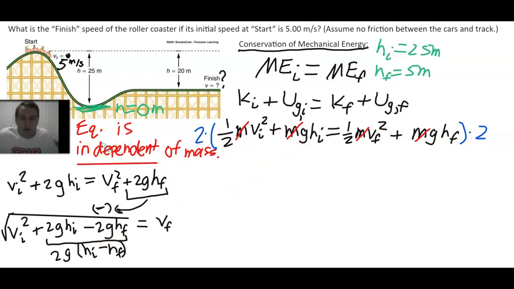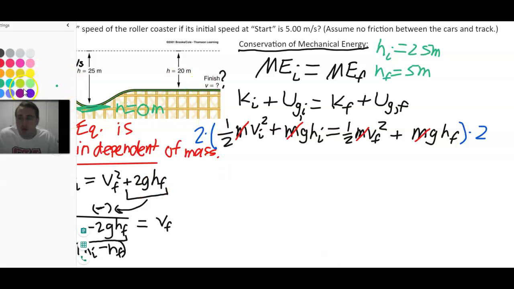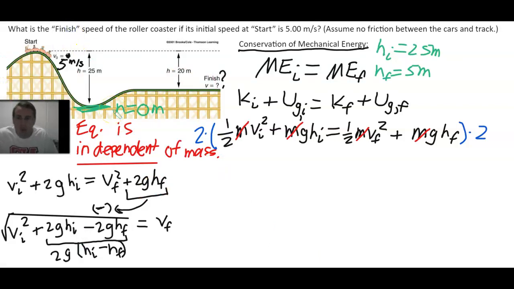Part of the reason I chose different colors is because you may ask, what if you want to do the problem in a slightly different way, where you defined h equals 0 as the plateau here. You could do that because we don't really care about the speed at the bottom of the big hill. We care about the final speed as the car finishes.